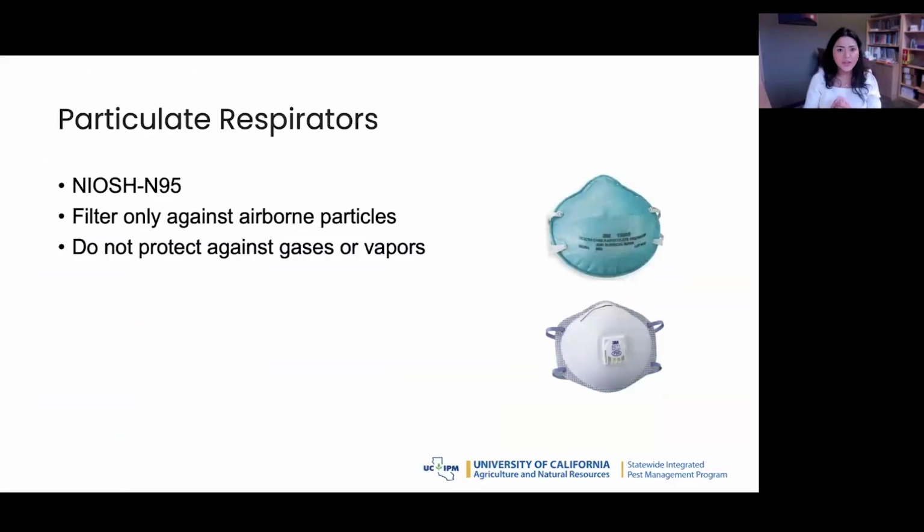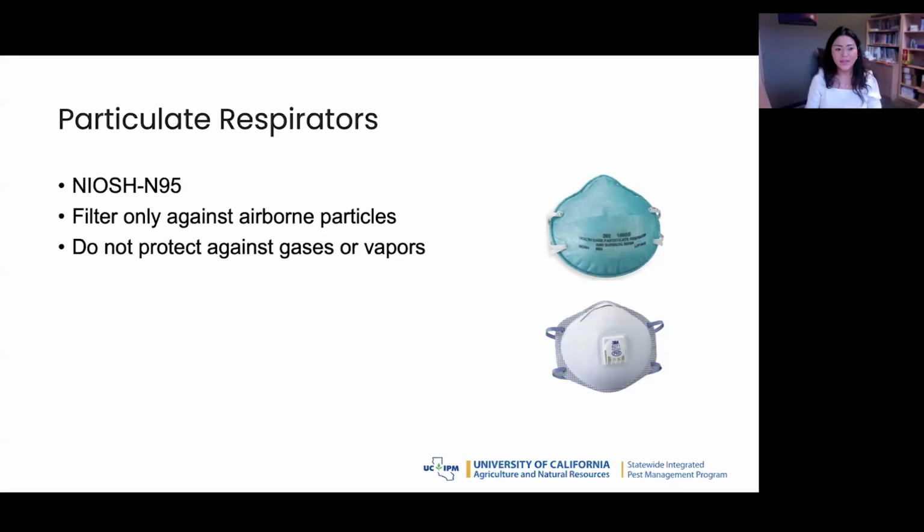So the particulate respirators are known as the N95s, for example, and they are respirators because they are certified by the National Institute for Occupational Safety and Health, NIOSH, and they will typically have a letter and a filter efficiency that characterizes them as respirators.